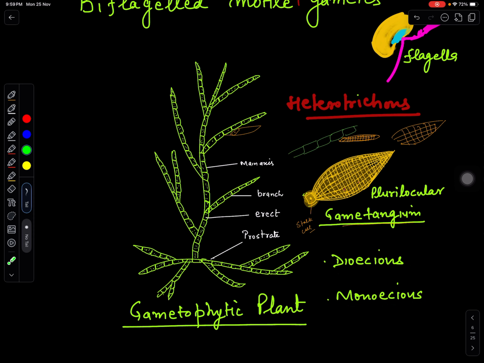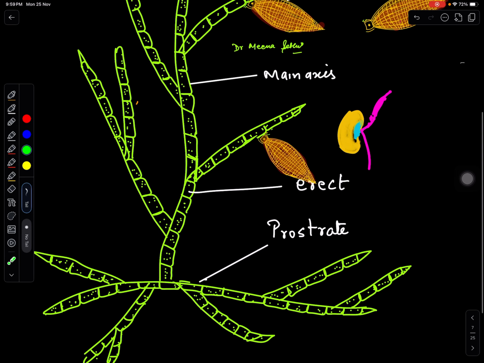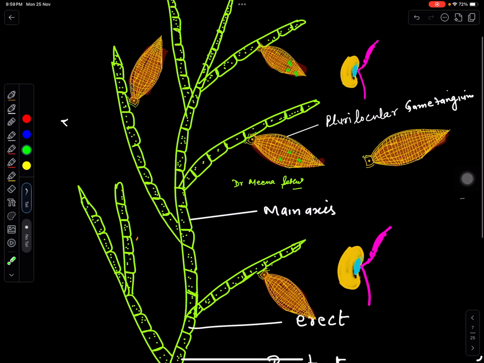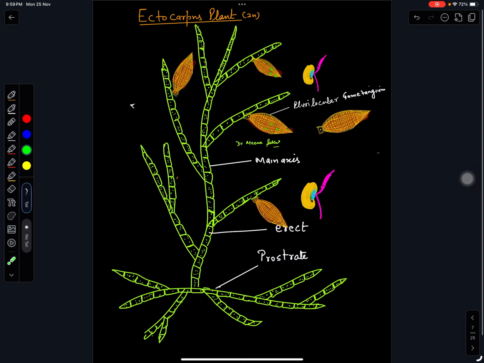Now, because the gametophyte is a haploid plant, these gametangia will be haploid, and the gametes which are being produced will also be haploid in genetic constitution. Now we can see here the plant body. Like we discussed, these are different plurilocular gametangia, born on the main plant body of Ectocarpus, and these are producing biflagellated motile gametes.